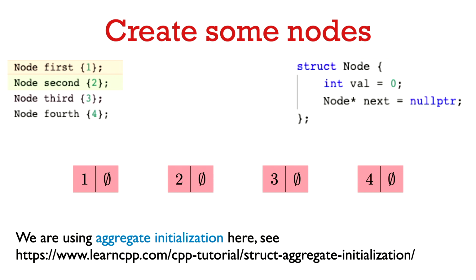So right now, my nodes look as in the picture here. I've created 4 nodes. The integers they store are 1, 2, 3, and 4. And the next member variable is null pointer in all 4 cases. You can read more about aggregate initialization from this link to the Learn CPP website.